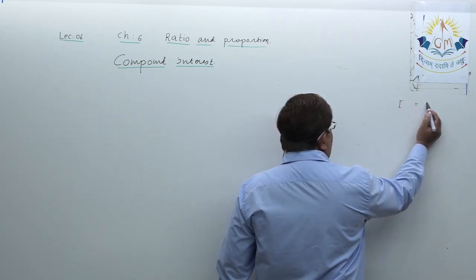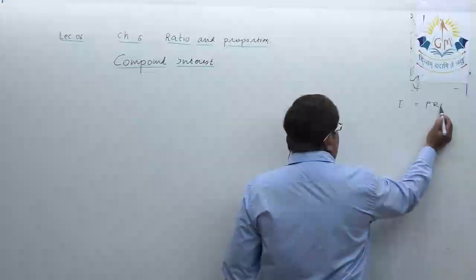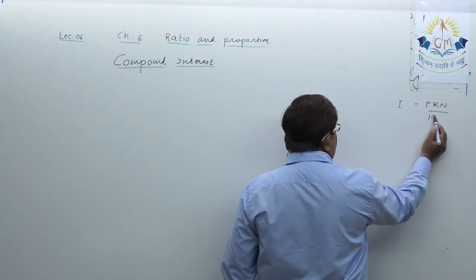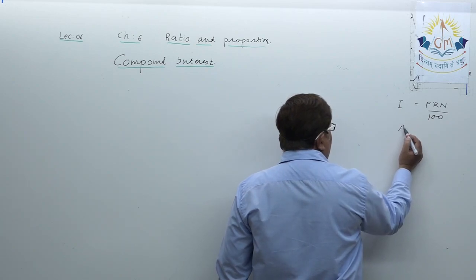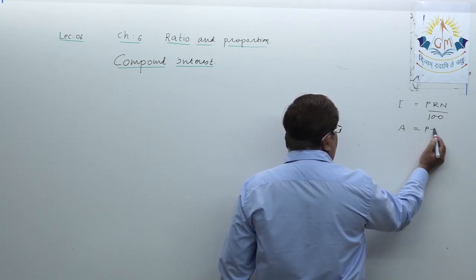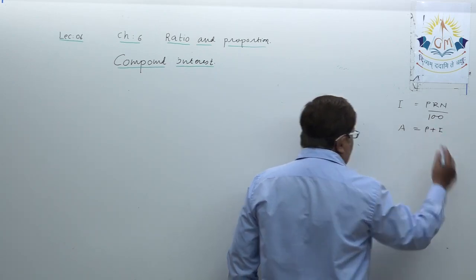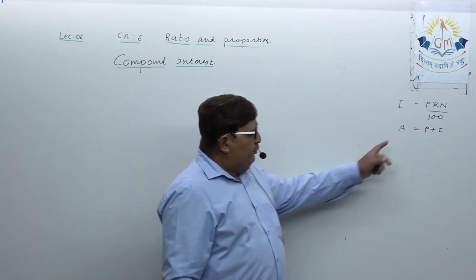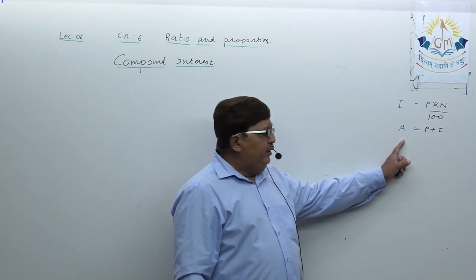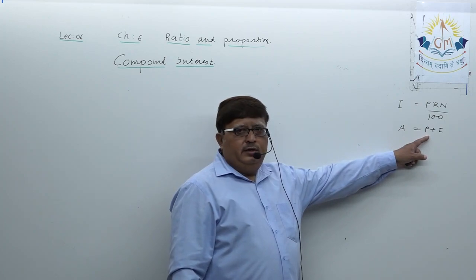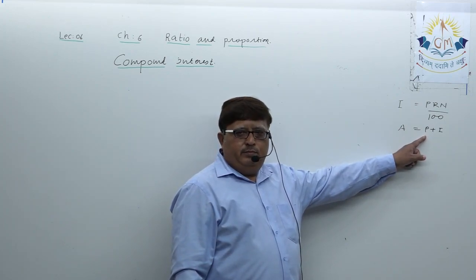But at least, we are understanding the basic difference between compound interest and simple interest, and you are well aware of the two formulas, one for I equals PRN upon 100 and A equals P plus I. Here you know the simple logic, how to find amount by adding interest to the principal.